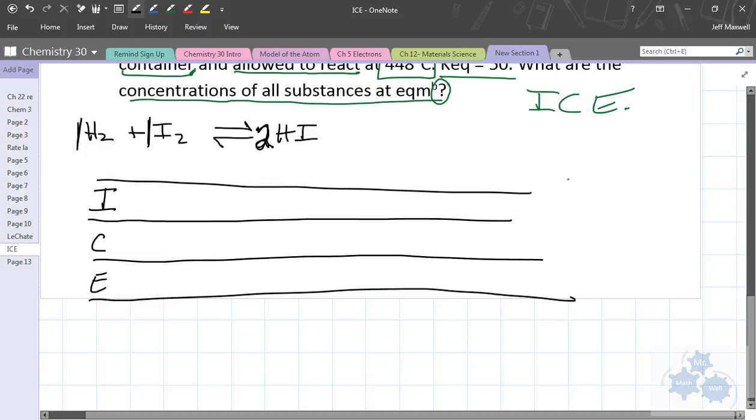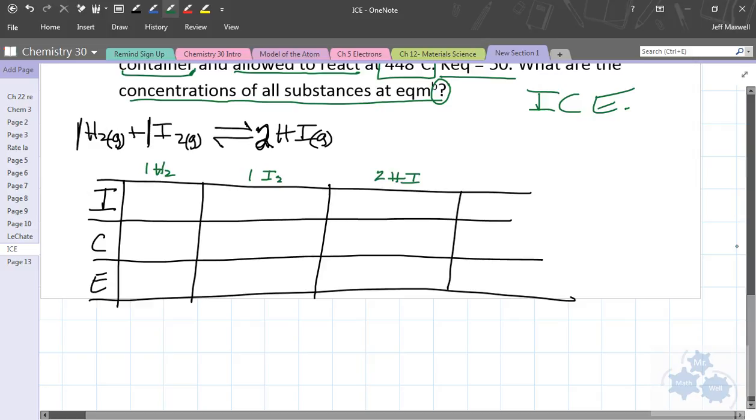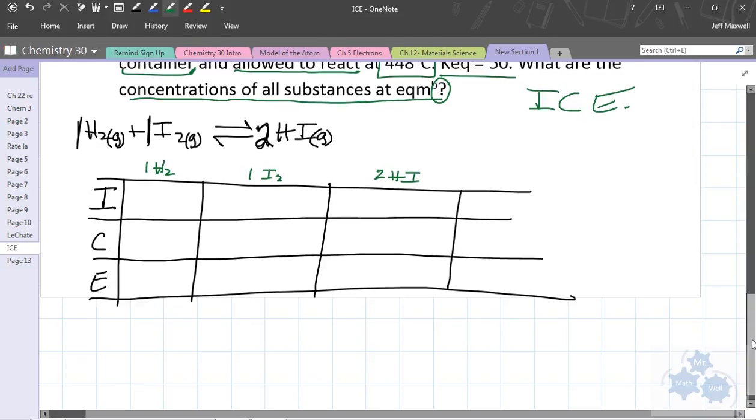And what we want to do here is make the same number of columns as we have gas substances. These are all gases, so we would include them. And this is what I like doing: putting 1 H2 up there, 1 I2 up there, 2 HI up there.